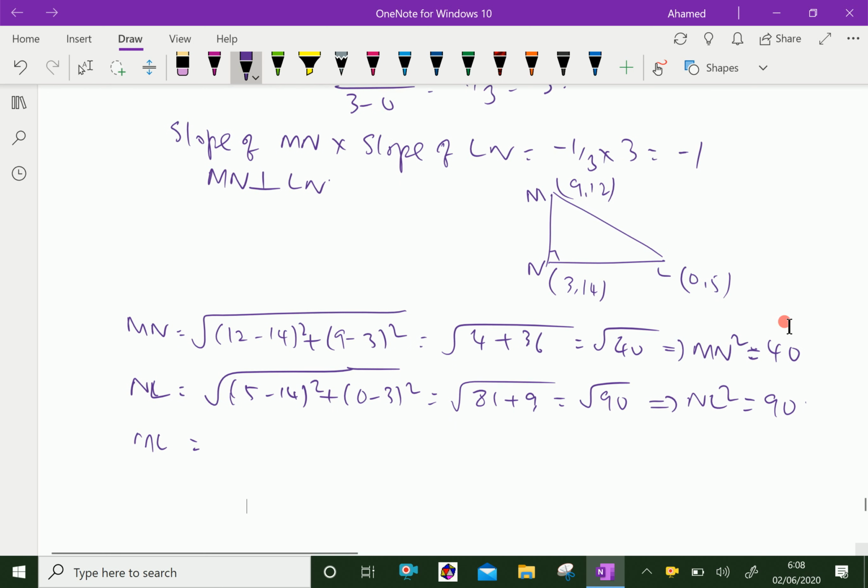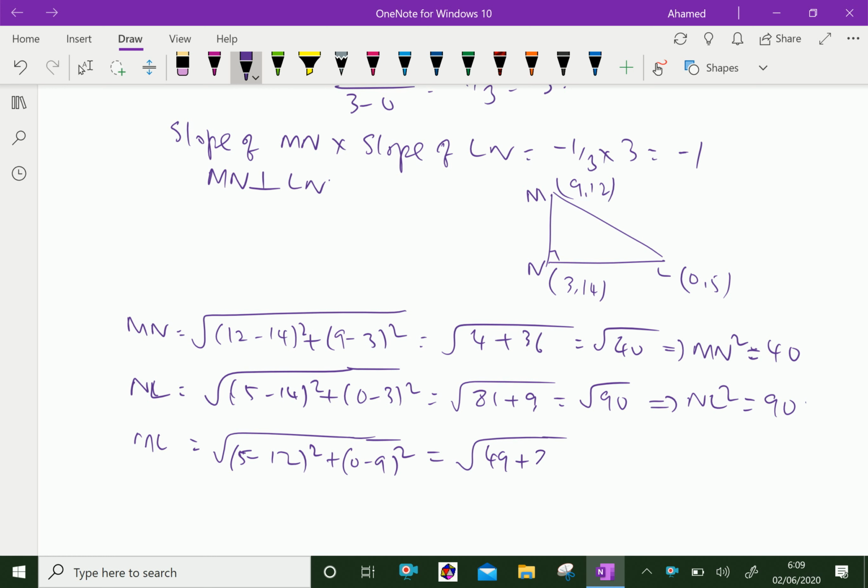Like that, next is ML, which is the hypotenuse. So 5 minus 12 whole square and 0 minus 9 whole square equal 5 minus 12 is 7, 7 square is 49 plus 9 square is 81.